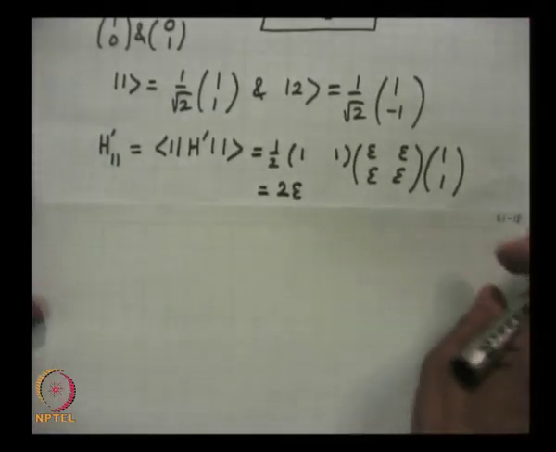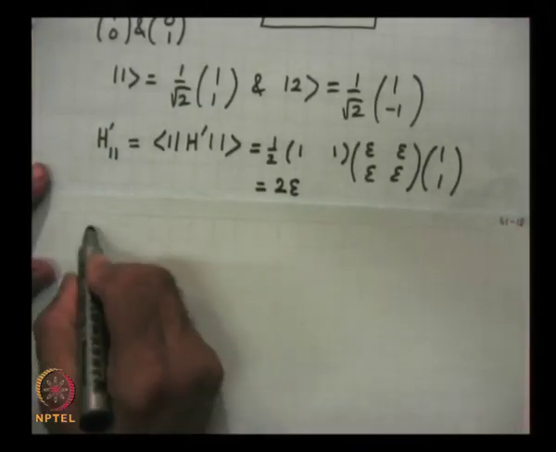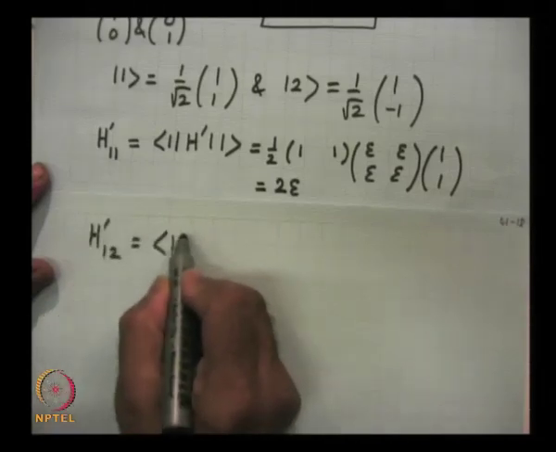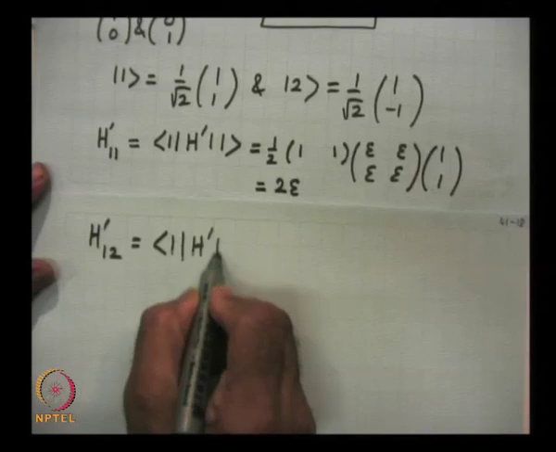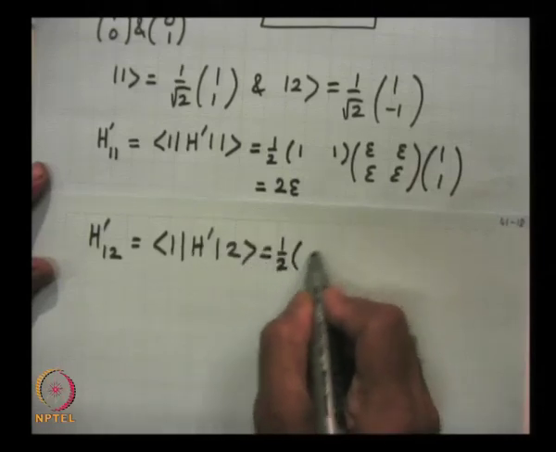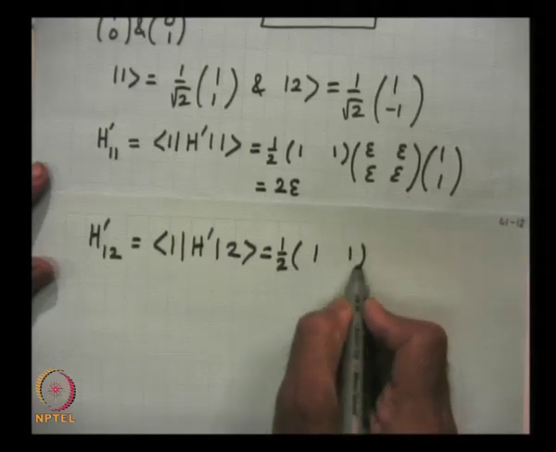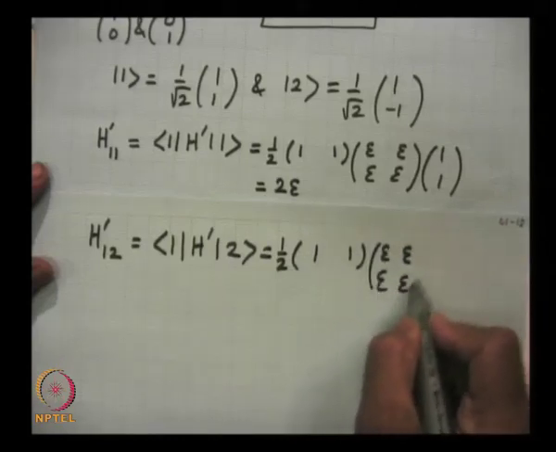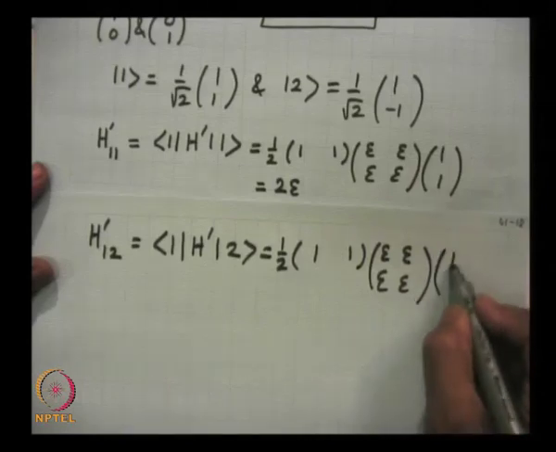Then let me calculate the other matrix elements. H prime 1 2 will be bra 1 H prime ket 2, and therefore, this will be 1 by 2, 1 1, epsilon epsilon epsilon epsilon, and 1 minus 1.